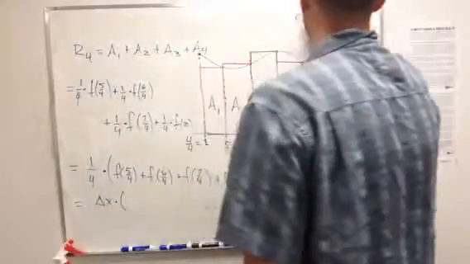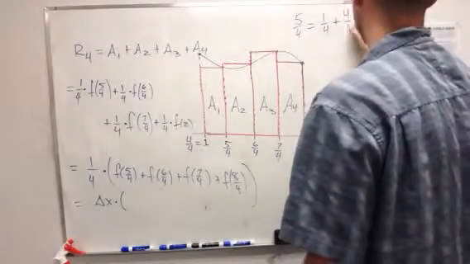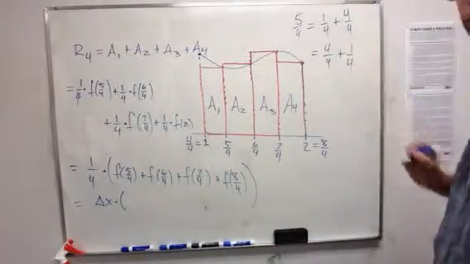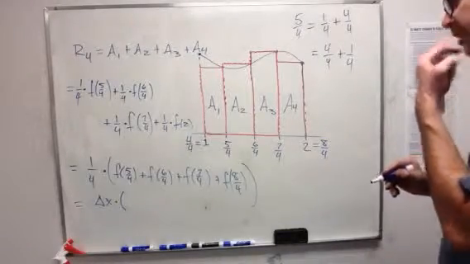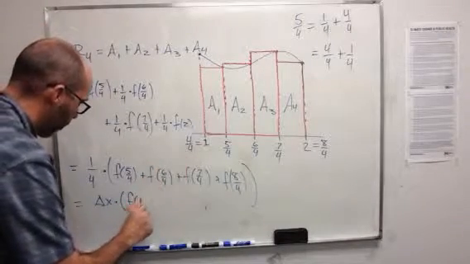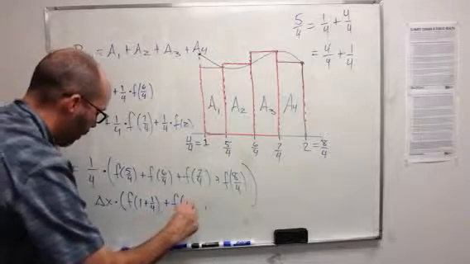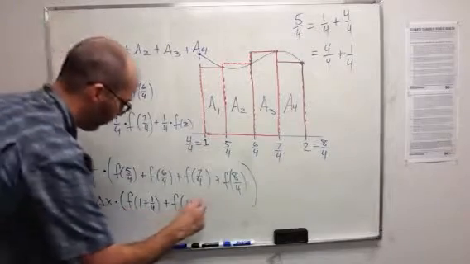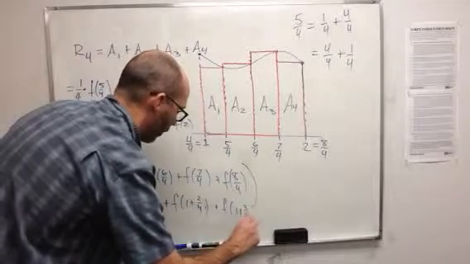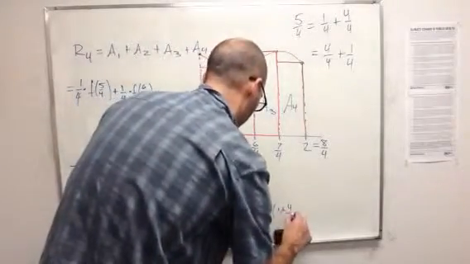Notice that 5/4 is 1/4 plus 4/4, otherwise known as 4/4 plus 1/4. So this is f of 1 plus 1/4, plus f of 1 plus 2/4, plus f of 1 plus 3/4, plus f of 1 plus 4/4.